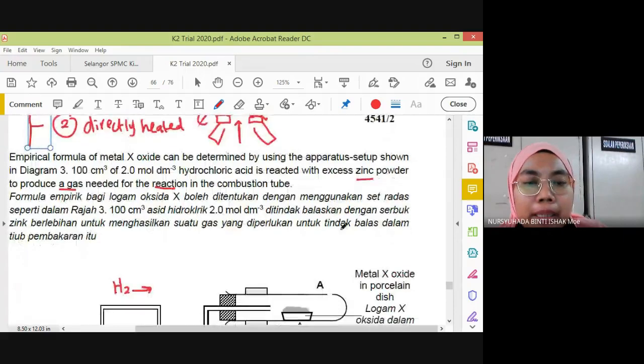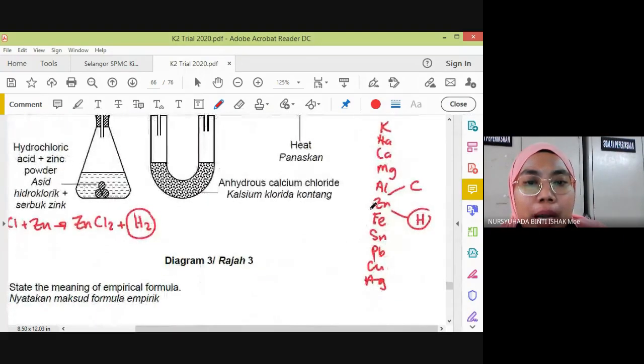Manakala yang bawah hydrogen ni kita guna dalam diagram 3 ni. Understand or not? Can you differentiate it? Means more reactive than hydrogen, guna directly heated. Mana yang below hydrogen mean less reactive than hydrogen, kita guna kaedah diagram 3 ni. Boleh?